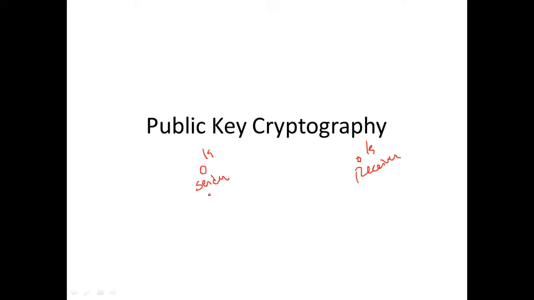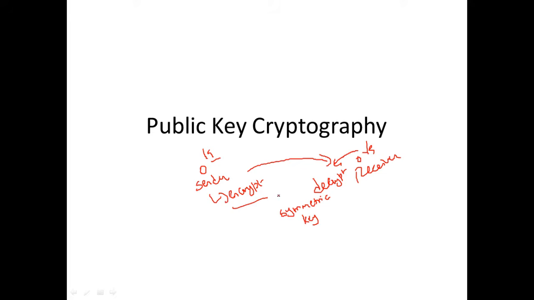The sender will encrypt the message using this key, and then he will send it. The receiver will use the same key and then he will decrypt that message. So this is with respect to symmetric key cryptography.